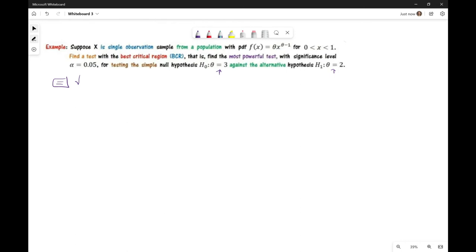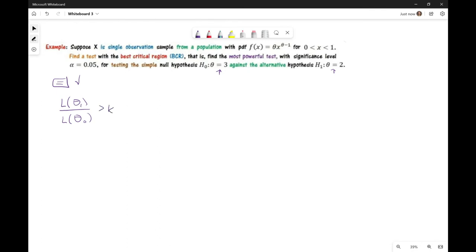This means that we can apply the Neyman-Pearson lemma to find the most powerful test by using our likelihood ratio, L of theta 1 over L of theta 0, greater than k.